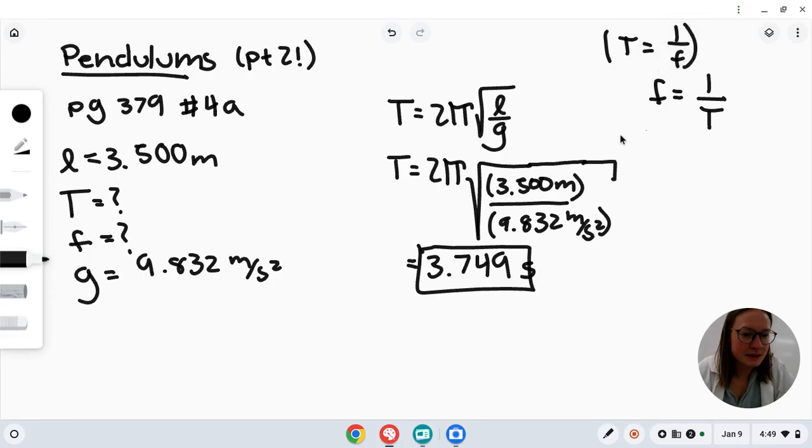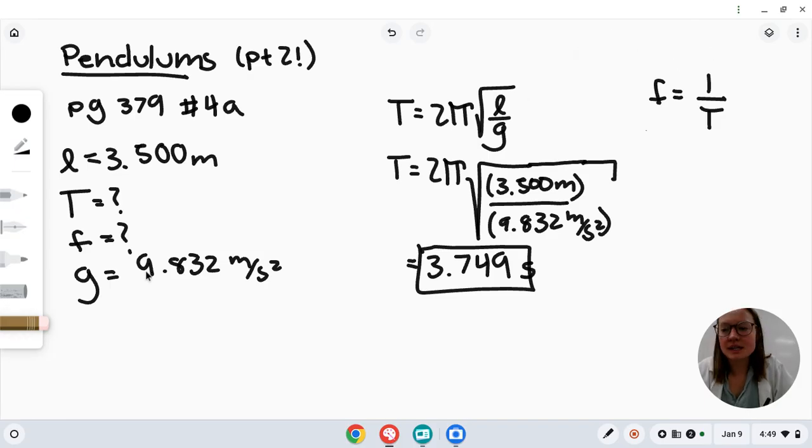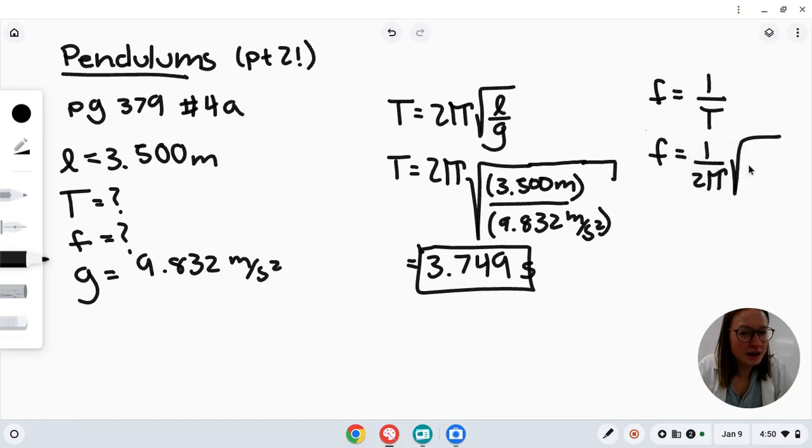Same, yes? So to do this problem, I'm going to start with this equation that says that frequency is 1 over the period. What I'll do after that is I'm going to plug in my equation for the period. But I'm going to plug it in all upside down. So I get that the frequency is equal to 1 over 2 pi times the square root of not L over g, but g over L.